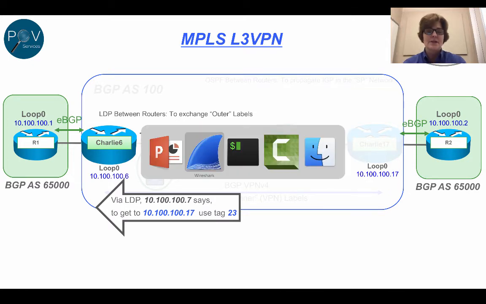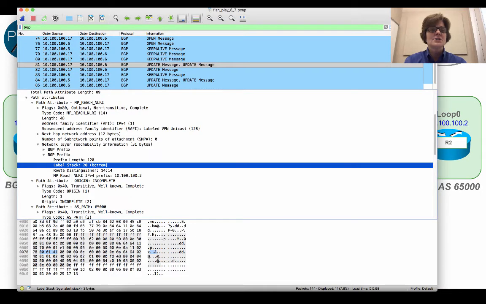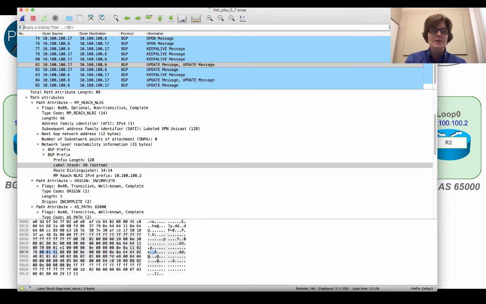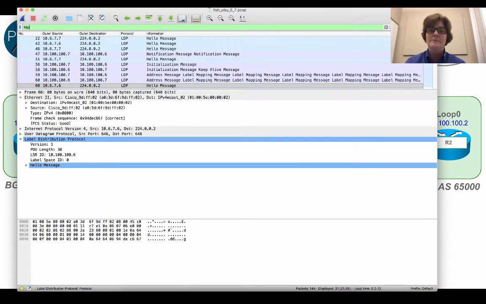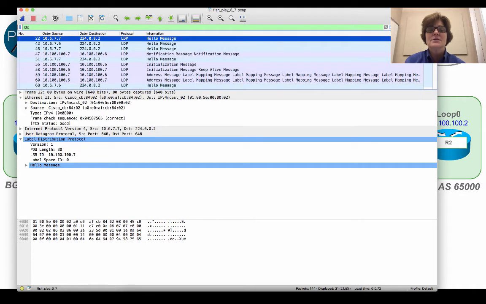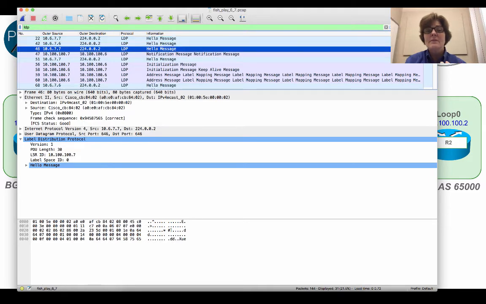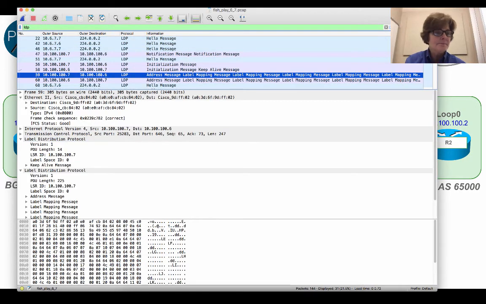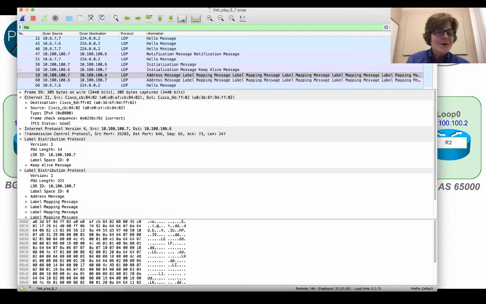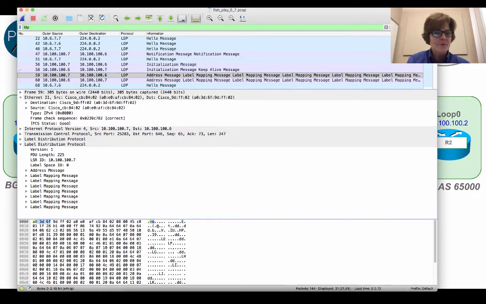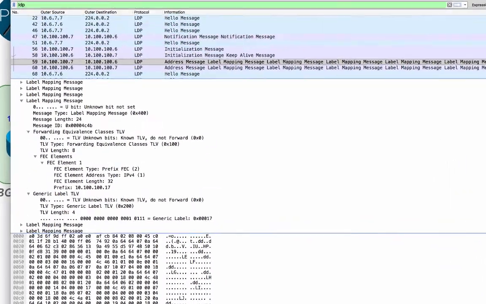Let's look in the sniffer trace. So if we go to the sniffer trace, and instead of saying BGP, we say we want LDP, then here we go. So we have the hello messages, we have the peer coming up, and then if we go to line 59, the third from the bottom, because obviously I've already looked at these, Charlie7 sent the label.